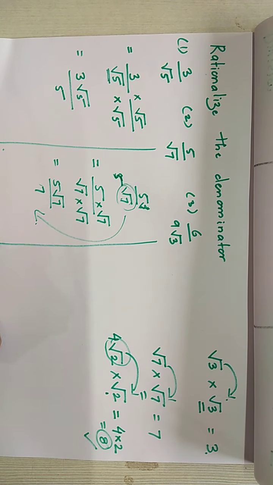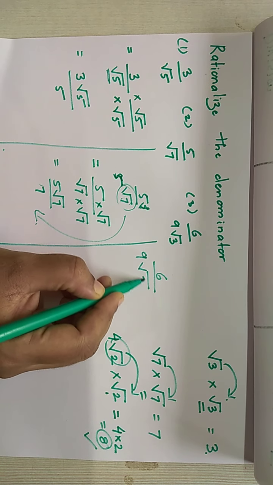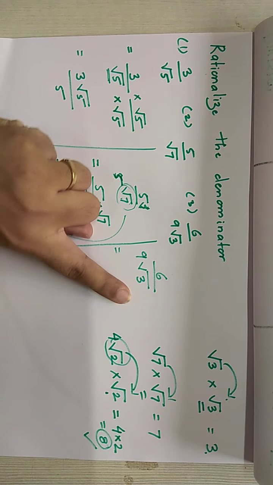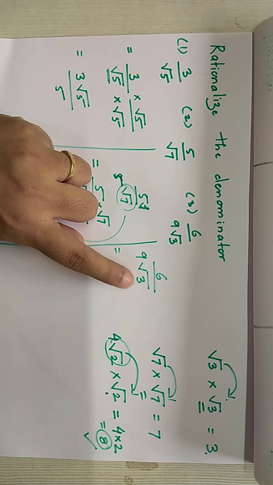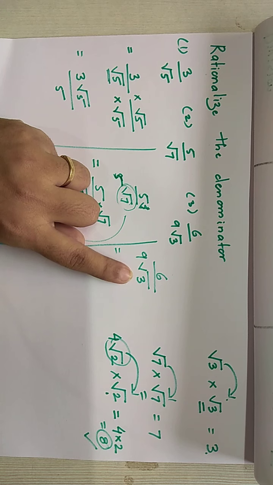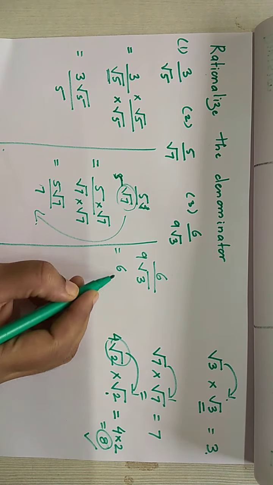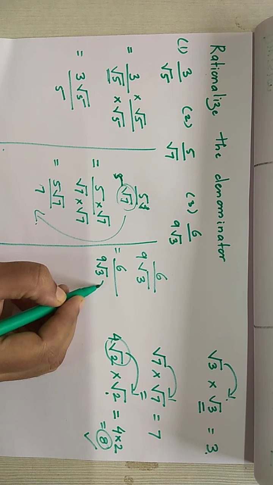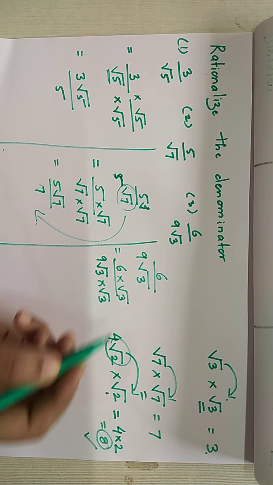Okay. Now see the next sum. The next sum is 6 upon 9 root 3. If you observe, in the denominator we have 9 root 3. But your concern is not 9. Your concern is this third portion, root 3. This you need to make vanish, not 9. So you need to multiply the conjugate of root 3, both up and down, that is in the numerator and denominator. 6 root 3 upon 9 into root 3 into root 3.